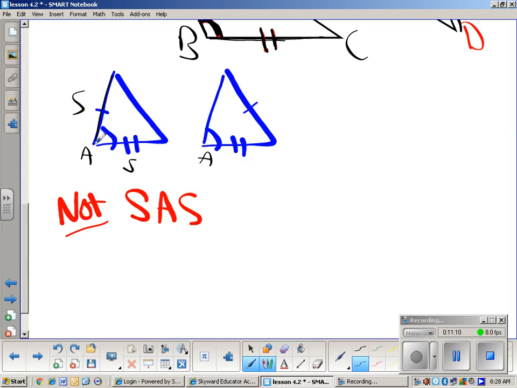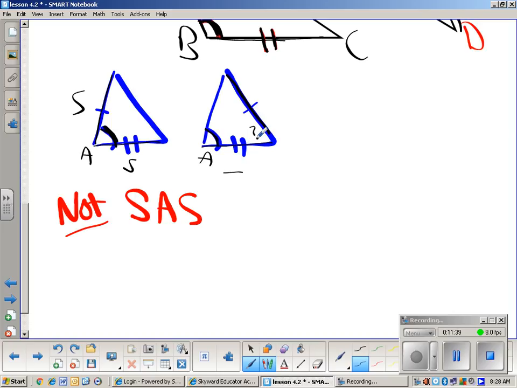Here I have a side equal to a side, and I have another side equal to another side, and I have this angle in between, but do I have the angle in between in the picture over here? No, my angle is over here. It's not the one that's between, is it? And so in this case, I don't have this angle that's between them. I don't know what that is. So I don't have enough information to show that these triangles are congruent.